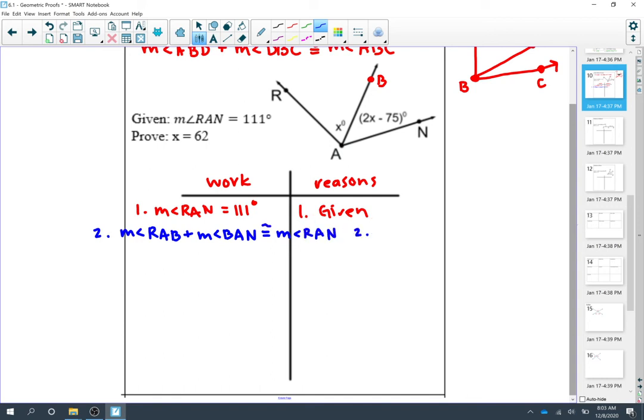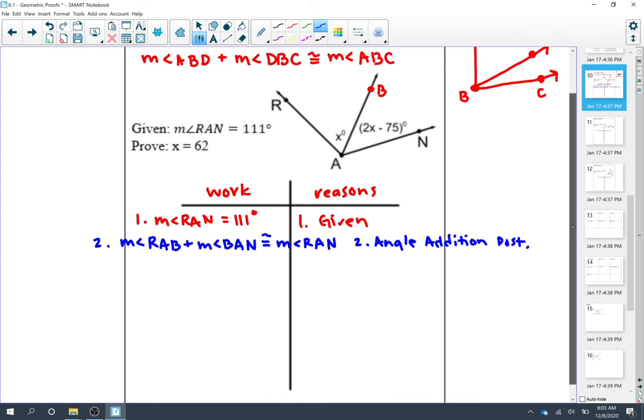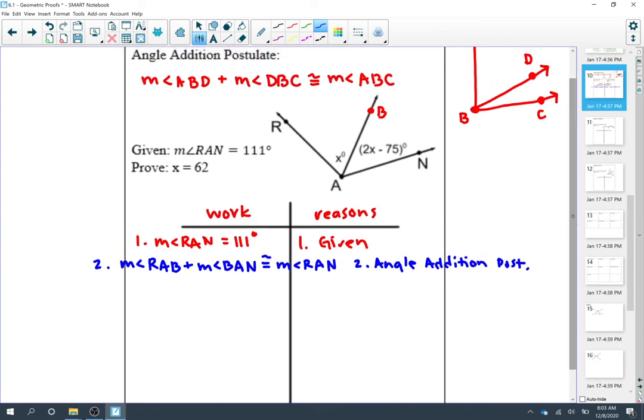And that is because of the, sorry, not segment, angle. We're talking about angles here. Angle addition postulate, which we have right there.